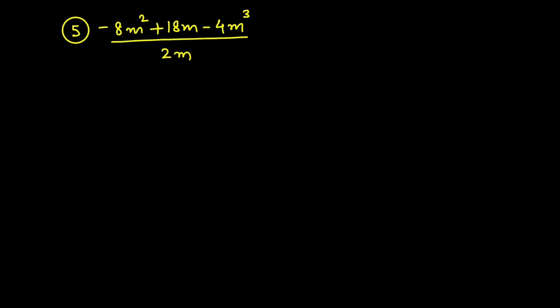Next we take the example in which a trinomial is divided by a monomial. So here we again first rewrite this one as minus 8m square plus 18m minus 4m cubed, divided by 2m.